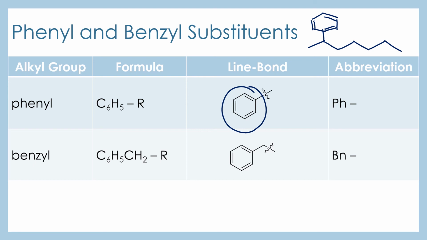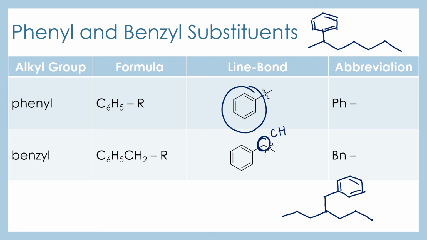If we have that same 7-carbon chain, let's put the benzyl ring right in the middle, then this would be called 4-benzylheptane. And the reason that phenyl and benzyl are different is because of this.